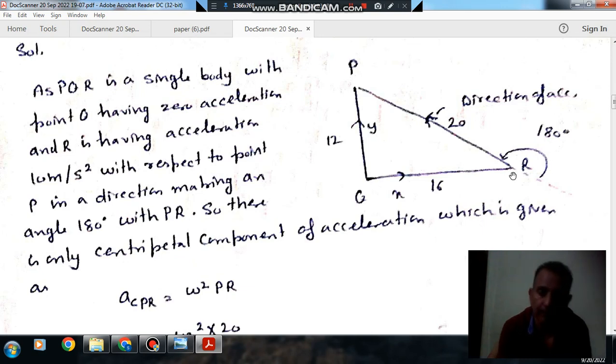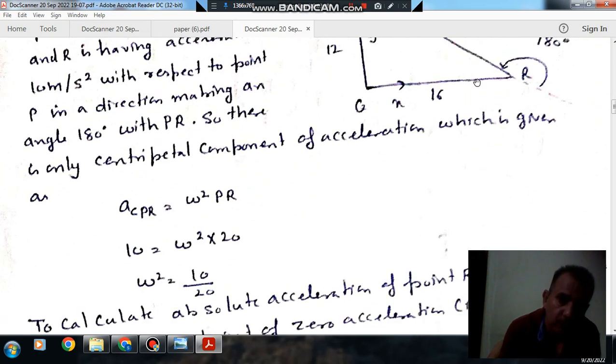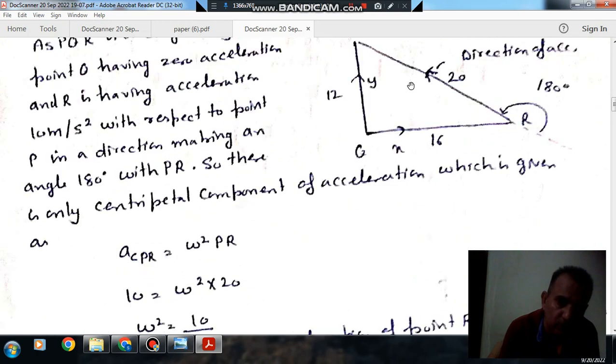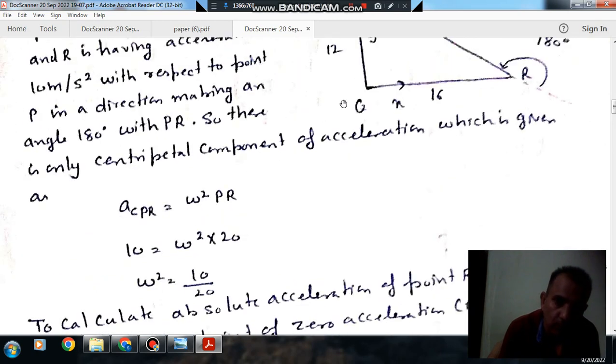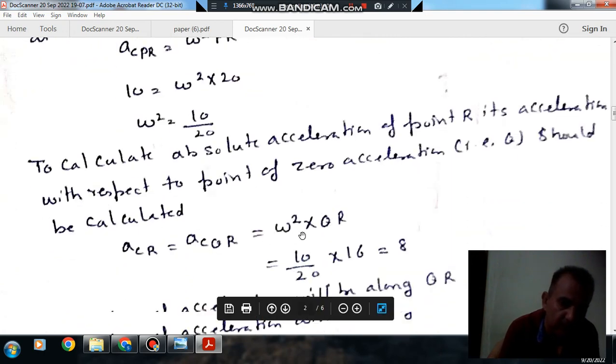Absolute acceleration means the acceleration of point R with respect to Q. The direction of acceleration of point R with respect to Q will be in this direction, and its magnitude will be omega square into the distance QR.